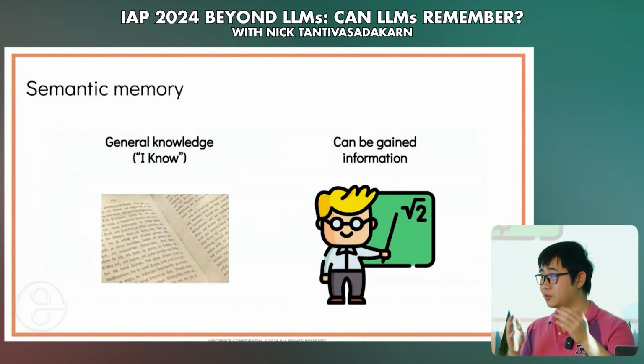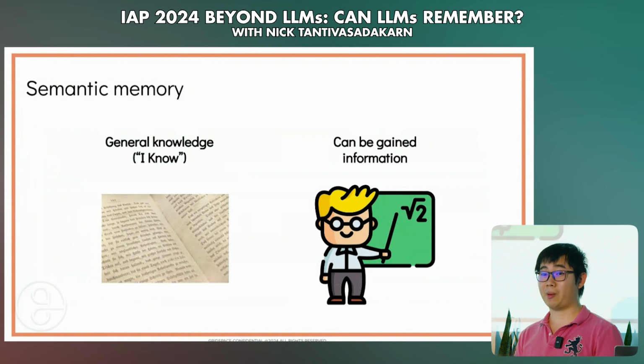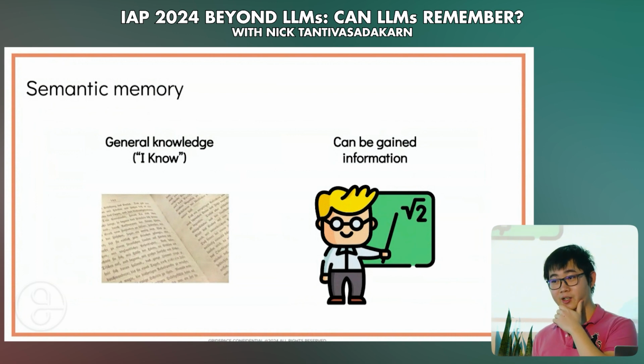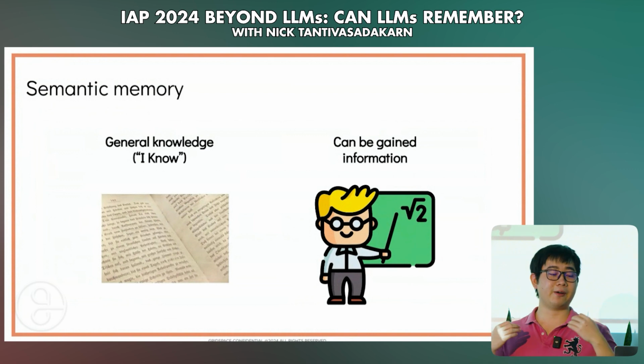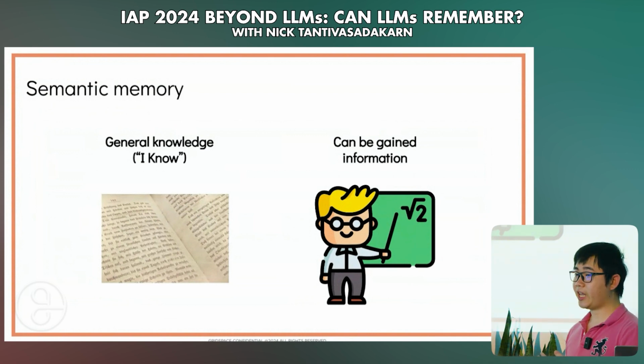There's no space, there's no time. If you talk about remembering who the first president of the United States is, you're not going to remember, oh, I learned this in this grade from this teacher at this time. You just remember that it's this person. So it is about facts that you know. And because it is devoid of context, it can be gained from someone else.